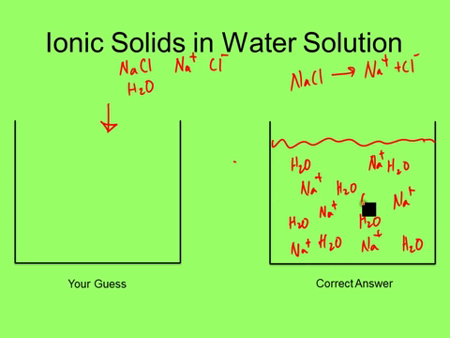You also have the Cl minuses evenly spread throughout. These are the three that will be here. Okay, so that's how your drawing should look. Cl minuses spread evenly, Na pluses spread evenly, H2O spread evenly.